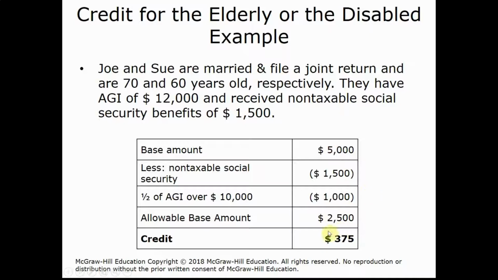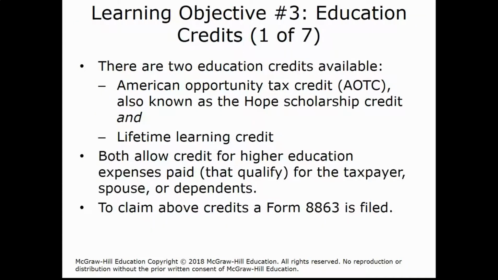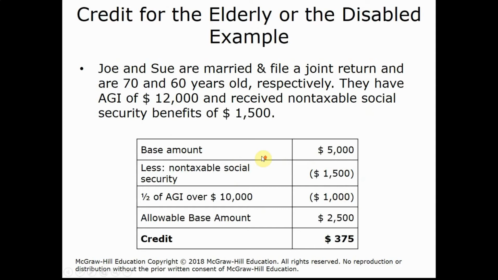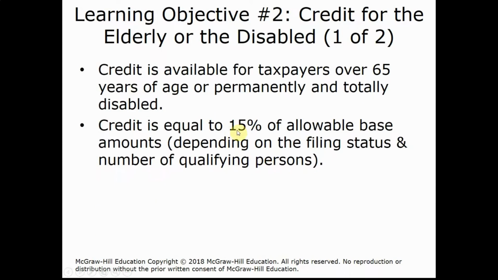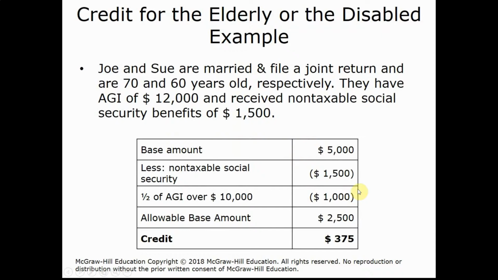So that brings us down to an allowable base of $2,500, and therefore the credit for these taxpayers is $375. Remember, this is the 15%, so we'd apply 15% against the $2,500 to get to $375.